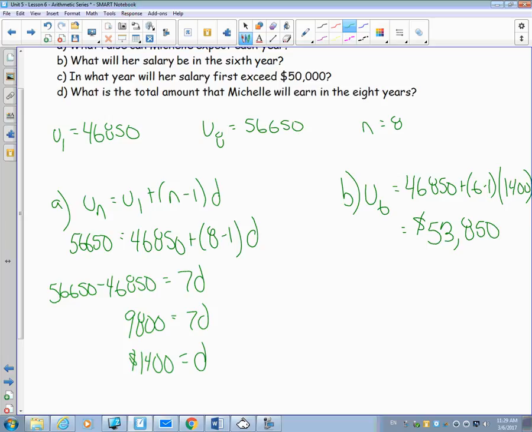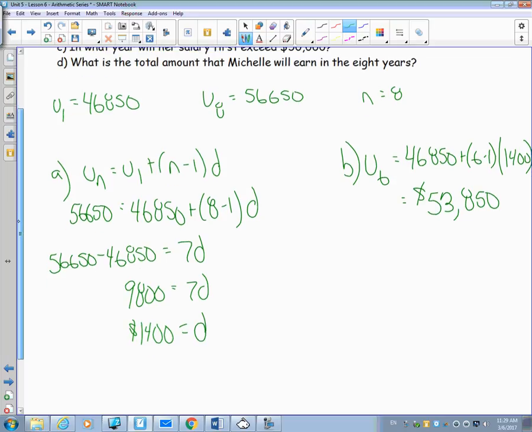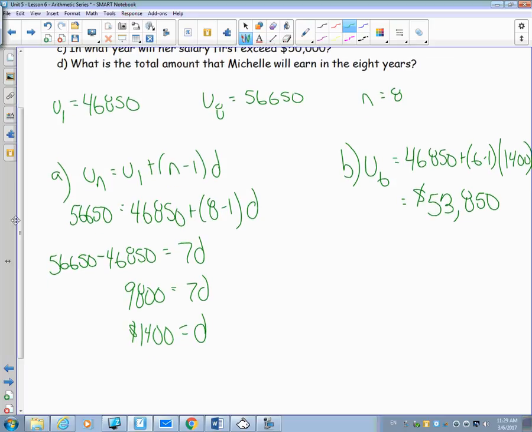In what year will her salary first exceed 50,000? Well, it's a pattern in my sequence again. I need to figure out what term number that is. So this time I'm going to put 50,000 in. I know I start at 46,850. I know I have (n minus 1) times d. d is 1,400. I just got to solve for what number in the sequence we're at.